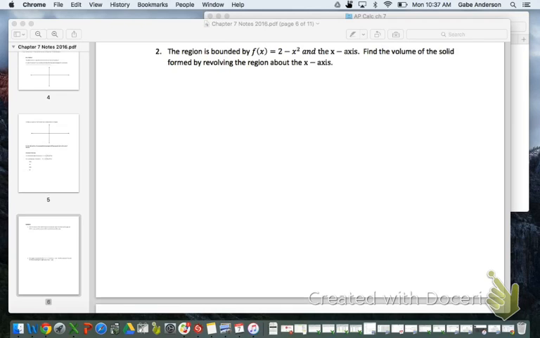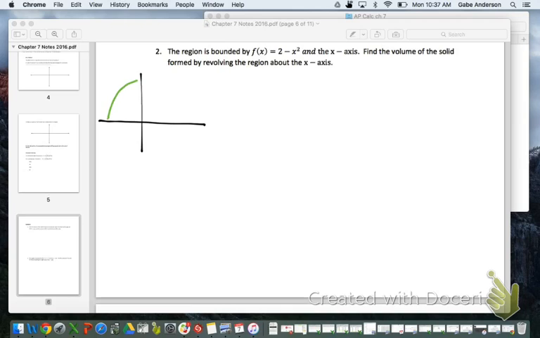All right, our final example here, number 2. The region that we're dealing with is bounded by f of x equals 2 minus x squared and the x-axis. Find the volume of the solid formed by revolving this region about the x-axis. So like we did before, I'm going to do a quick sketch. There's my y-axis, there is my x-axis, and then of course that function, y equals 2 minus x squared, just a parabola.